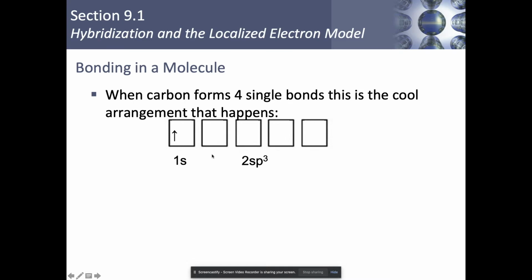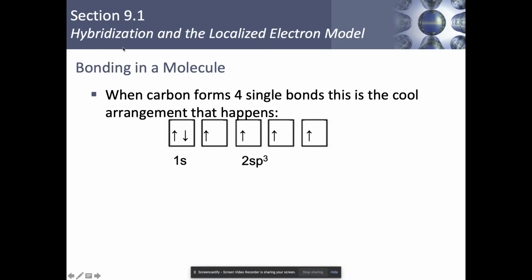We still fill it in the same way, but because now all of these boxes are hybridized, they all have the same exact energy, which means that when we draw our 4 little dots around our carbon in the Lewis dot structure, what we're really saying is that this is occurring. Each of those electrons going around the carbon in that molecule is of equal energy.